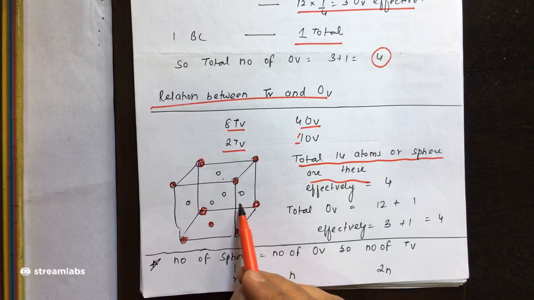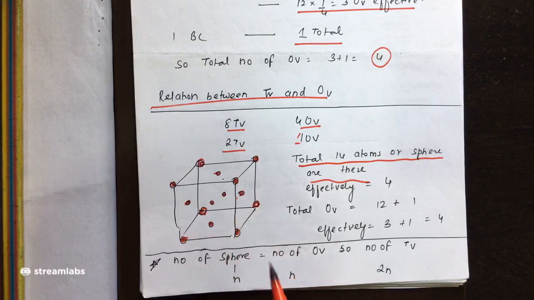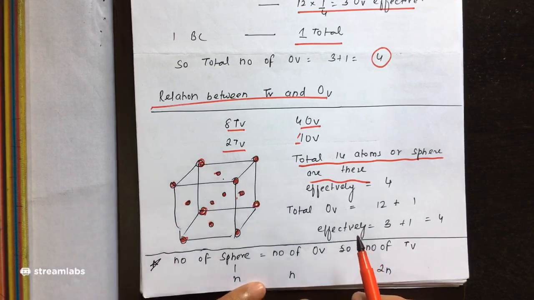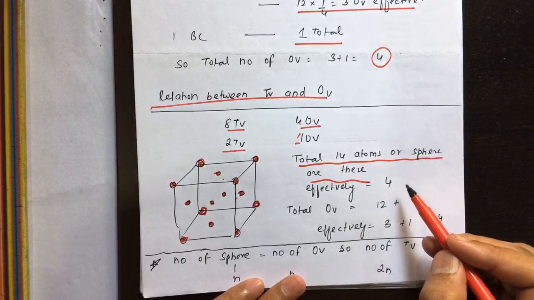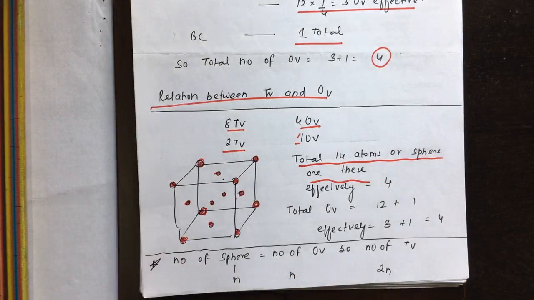So this one, this one, this one, this one, this one, and this one are at the face centers. So 8 corners effectively is going to be 1, and 6 face centers effectively is going to be 3. So 3 plus 1 is nothing but 4.